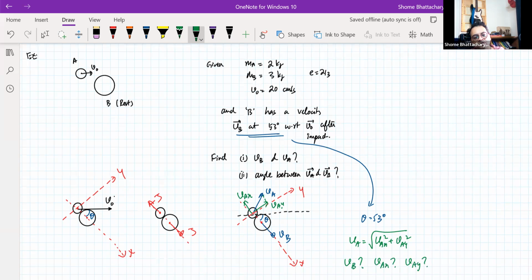The equations that we'll use for this are conservation of momentum, which will give us two equations, and the coefficient of restitution being 2/3, which will give us one equation. And these will be linear equations, so they'll be quite easy to solve. Once we have found VAX and VAY, we can express VA in vector form and VB in vector form, and we can use vector algebra to find the angle between the two vectors.